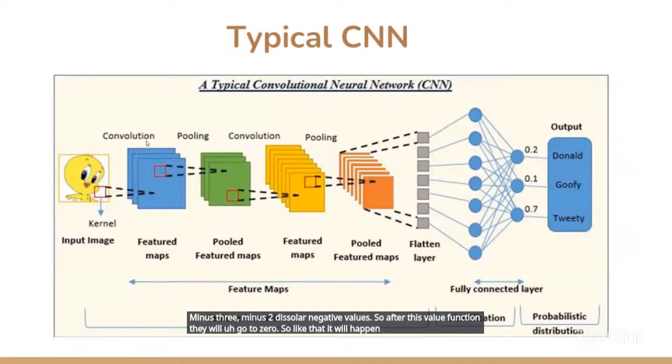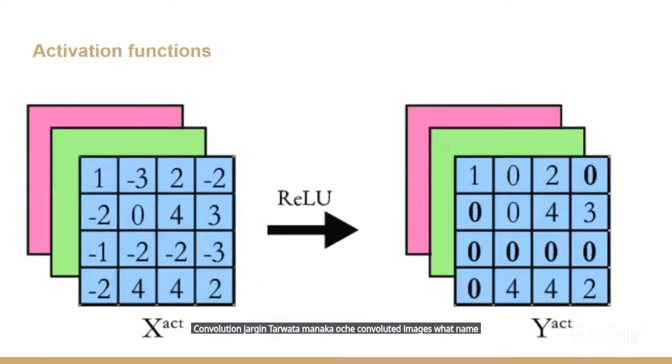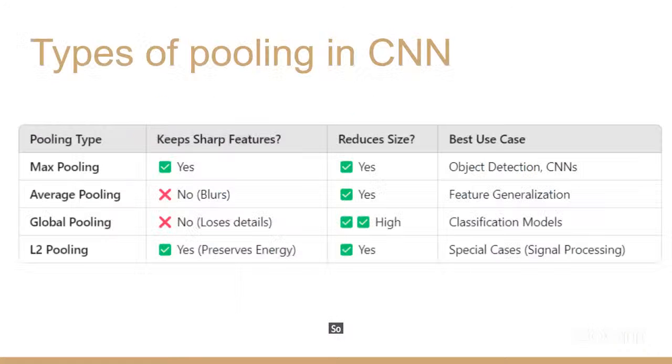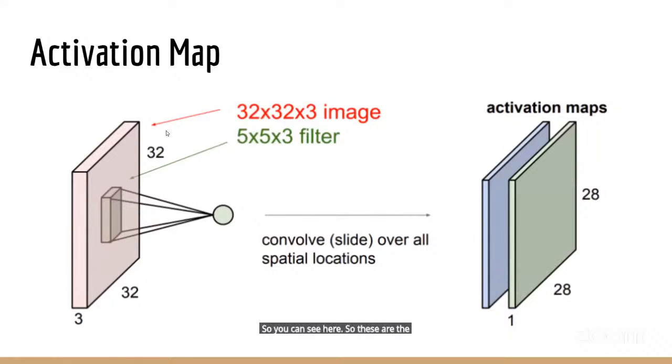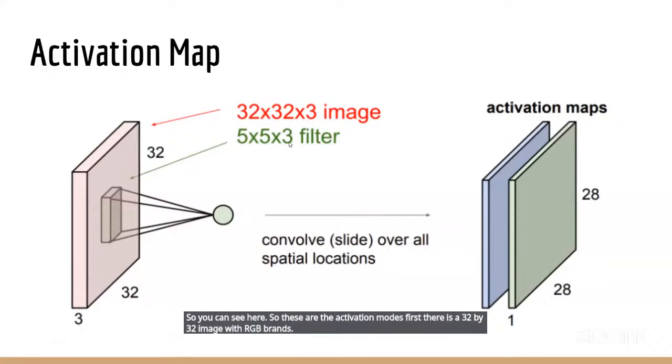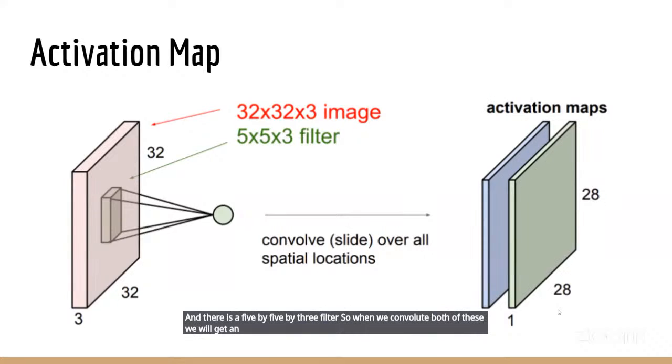First, in a CNN, convolution happens. After convolution, the convolved images we get are called activation maps. So you can see here, these are the activation maps. First, there is a 32 by 32 image with RGB bands, and there is a 5 by 5 by 3 filter. So when we convolve both of these, we will get an activation map of 28 by 28 by 1.